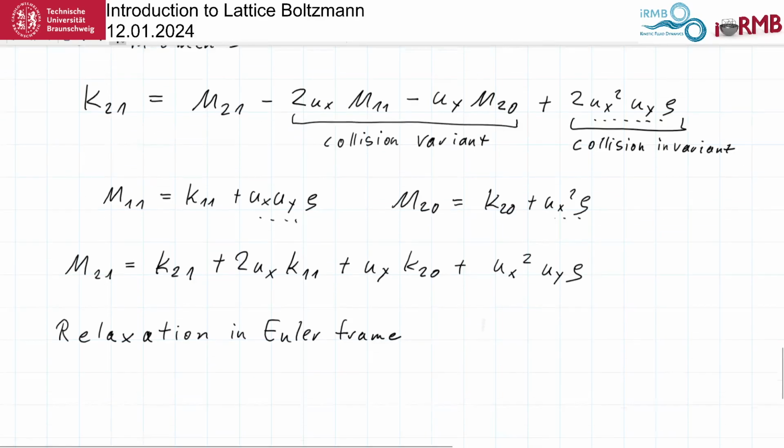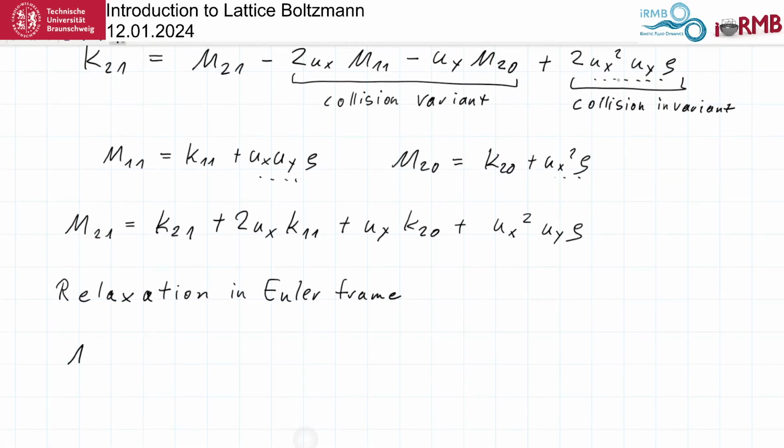Okay, so what's going to happen? So we have the moment M21 after collision is the moment M21 before collision, plus omega 21, so the omega of this particular moment. And here again we have the equilibrium minus the pre-collision state of that particular moment.